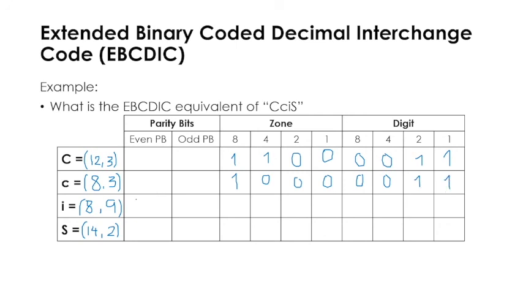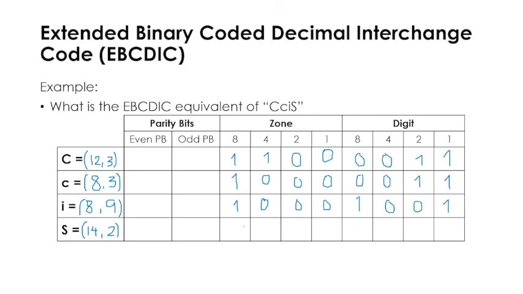Next we have the small letter I. The zone is also 8, so we will have 1, 0, 0, 0 as well. And for the digit we have 9, so it will be 1, 0, 0, 1, because 8 plus 1 is equals to 9.